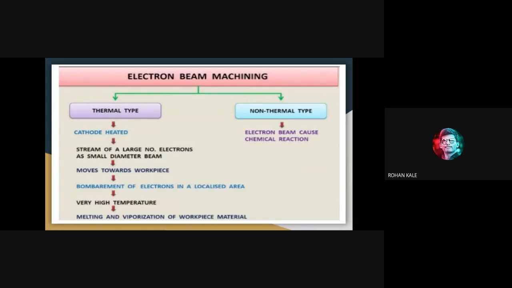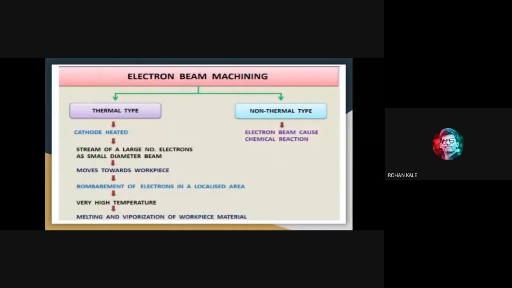This non-thermal type we are not going to discuss here. We are going to discuss only the thermal type of electron beam machining process.